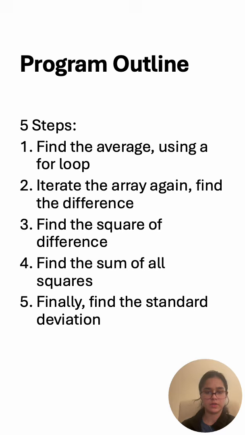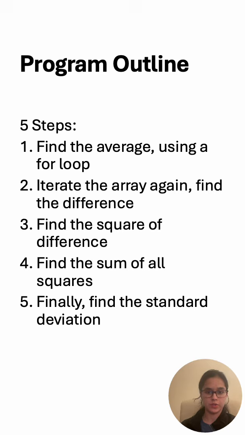These are the 5 steps on how to find the standard deviation. First, you find the average using a for loop. Then you want to find the difference. So basically what you would do is you would take the average and you would subtract it by every single number in the array.